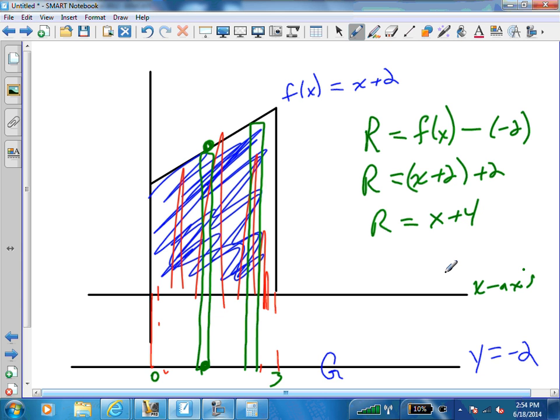If we think about the y value here is 0, the y value here is -2, take the top minus the bottom, so 2. Once we get our big R and little r, then our volume is pi times our integral from left to right, big R squared minus little r squared dx.